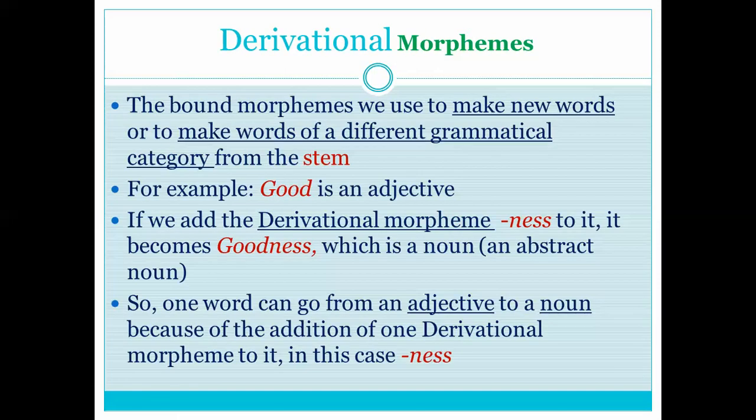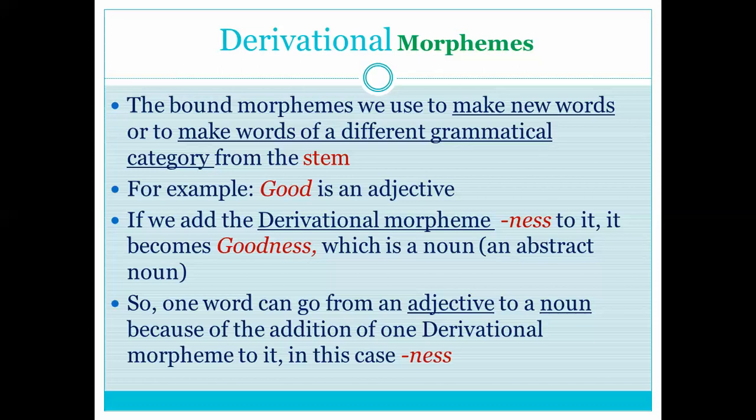Okay, derivational morphemes again. They are the bound morphemes that we can use to make new words or create a different grammatical category. Derivational means that we can go ahead and actually say we derived this new word from an original word. Derive meaning coming from, right? So that's how I remember derivational morphemes. For example, the word good.